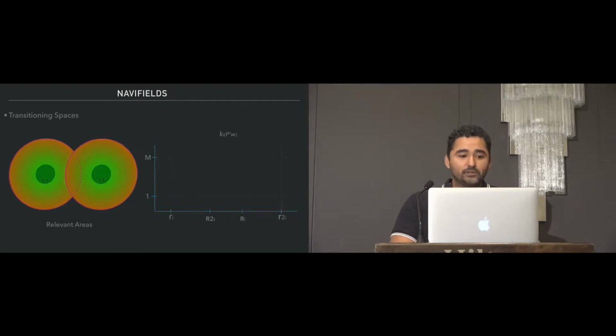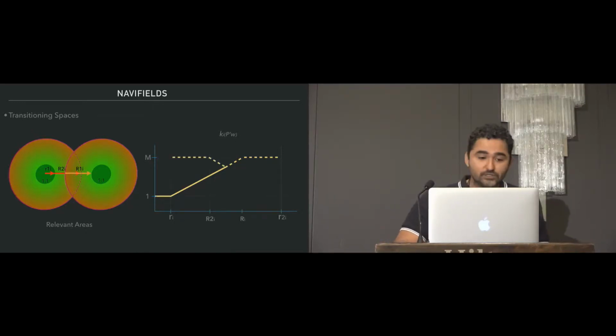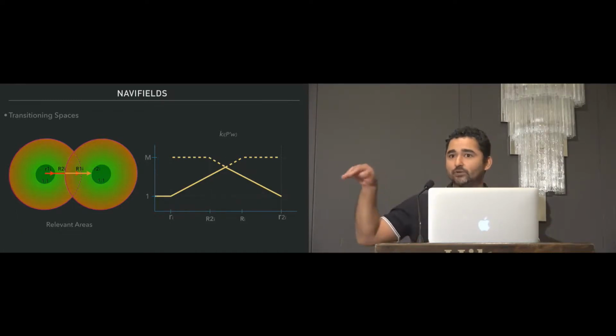But what happens if we have an overlap of those transitioning spaces, as we saw in the video? In that case, the behavior of the first transitional space is going to be something like this, pretty similar to the previous example. And the behavior of the second transitioning area could be the inverse, because we are gradually decreasing these scaling factors in order to reach the 1-to-1 movement ratio in the highly relevant zone.